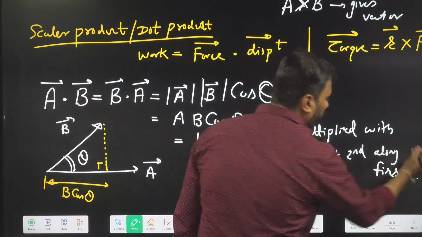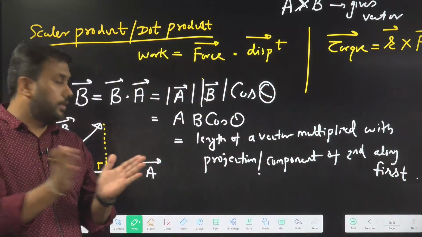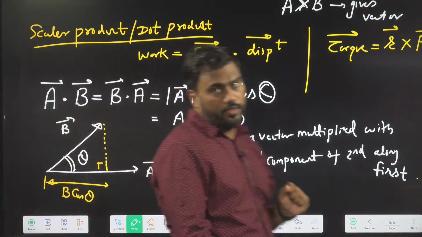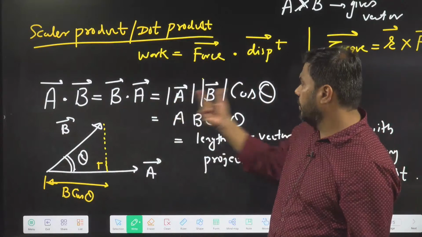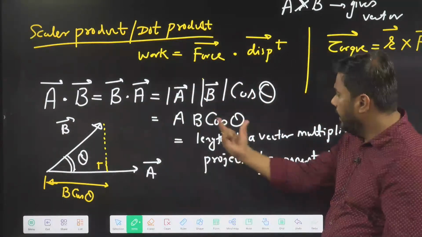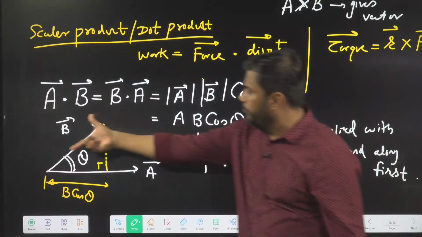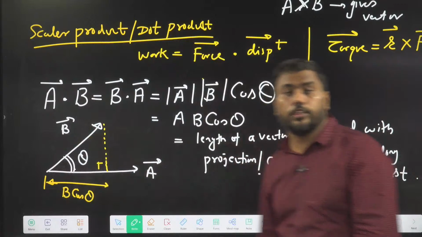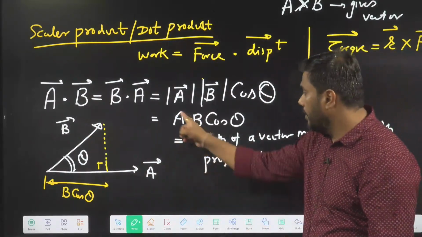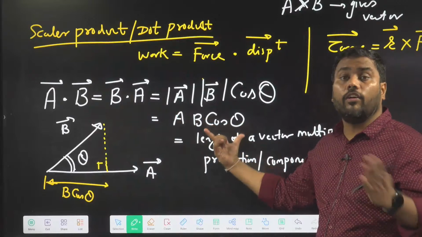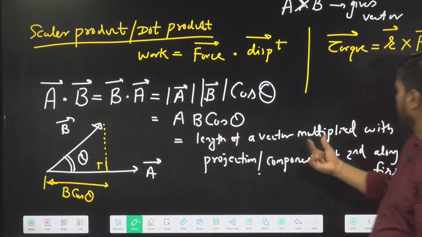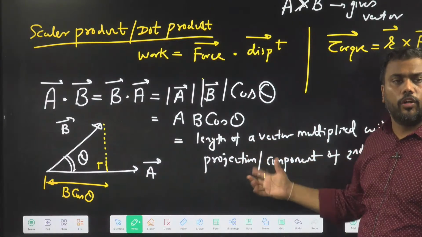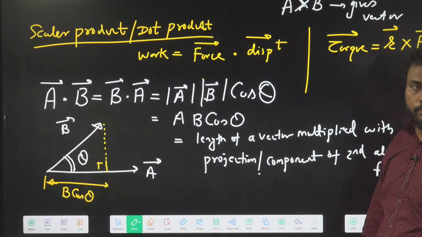So when two vectors are scalarly multiplied, we are finding the scalar product of two vectors. How to find that? Length of first, length of second into cos theta. And length of second into cos theta, B cos theta, also means the projection of the second vector on the first vector. So we are multiplying the length of first into the projection or component of second along first. Projection and component mean almost the same thing. Component is also projection. Is this clear?